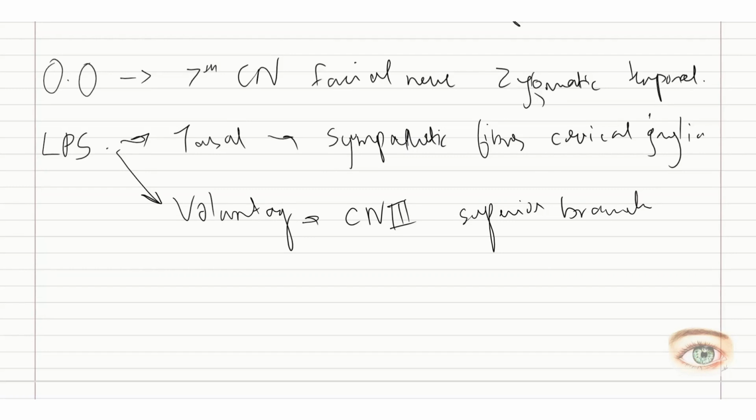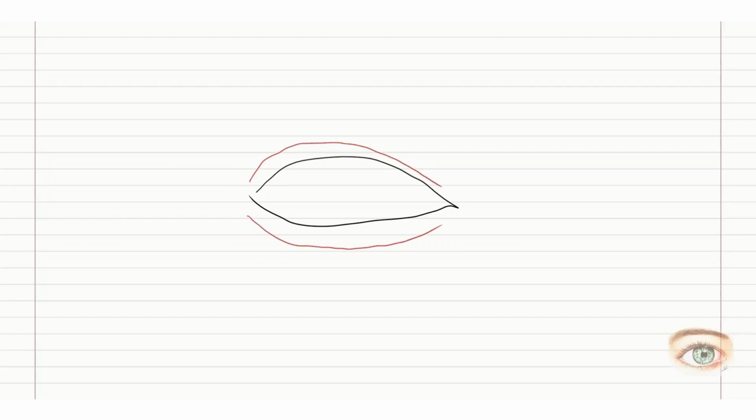the oculomotor nerve, right? Now let's talk about the blood supply. So the blood supply of the eyelid is very simple, right? So we have this marginal arterial arc right over here, and we have this peripheral arterial arc right over here. And how is this arterial arc being formed?